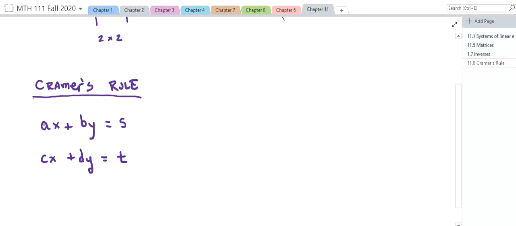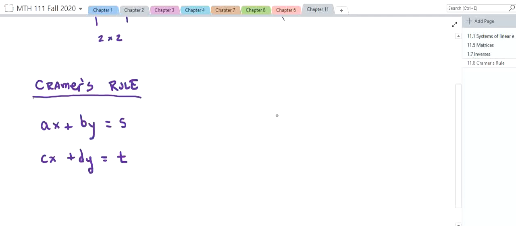So I have this in general form. The coefficients are the letters a, b, c, and d, and we have variables x and y, and then we have this all equals these constants s and t.